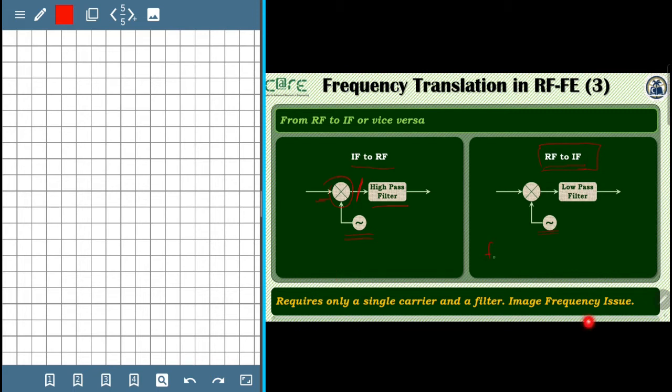If the F_LO, the local oscillator frequency, is less than F_C, the carrier frequency or the center frequency in the RF, we call this low side mixing. And on the other hand, if F_LO is greater than F_C, then we call this high side mixing.